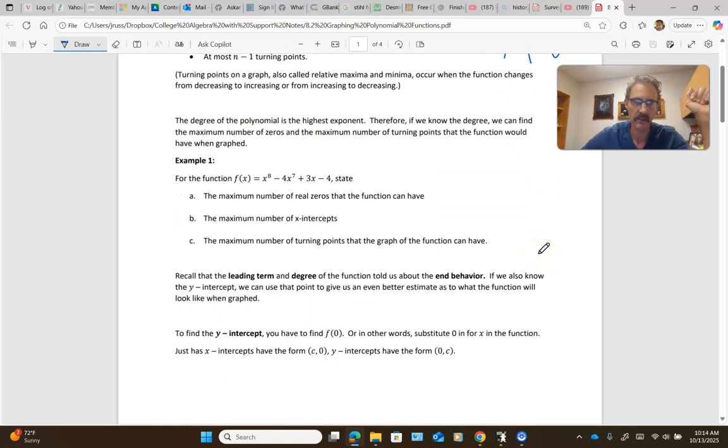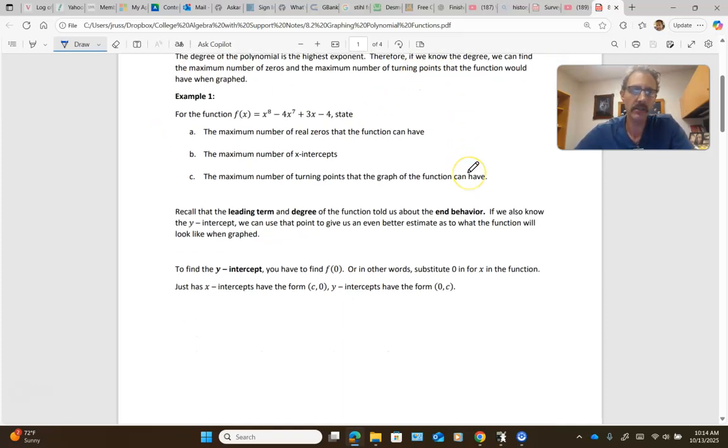All right, so let's look at example 1 here. And then just remember, the degree of the polynomial is the highest exponent. We covered that in 8.1. So if we know the degree, we can know the maximum number of zeros, and also the maximum number of turning points that the function would have if we were to graph it.